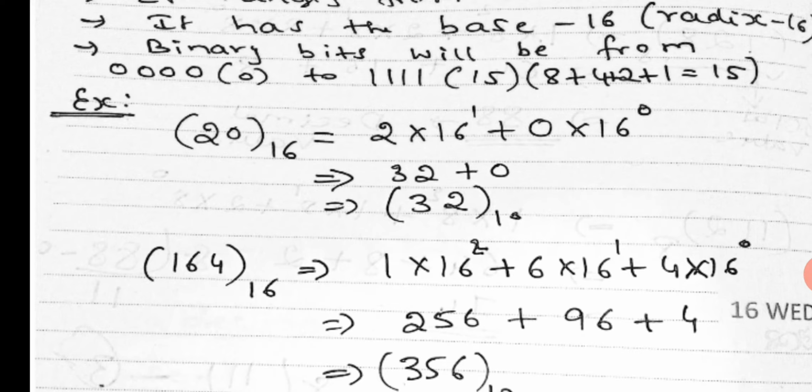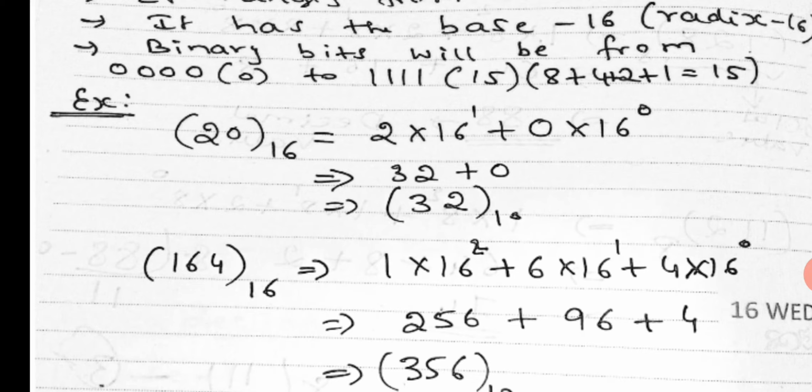Now what is that 32? 32 is the decimal form of the hexadecimal number 20. Why is it hexadecimal? Because it has the base 16. By using the base value only, you have to decide what kind of number it is. If I have written 8 over there, then it is an octal number. If I have written 16, then it is a hexadecimal number.